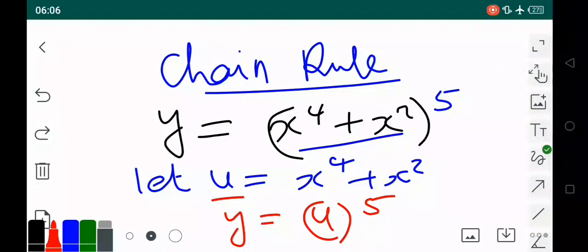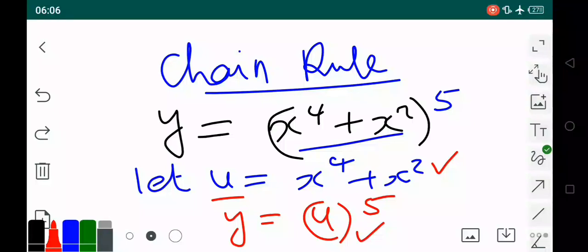Now what this means is that we can differentiate this one, and also differentiate this one, and then just put it back. So it's sort of interconnected.